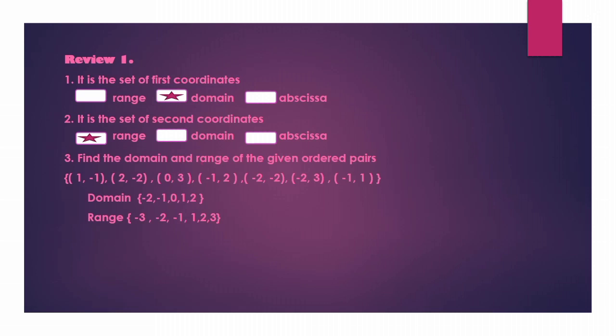So in your y values, you have repeated values, but you only write each once in your set of y values under your range. So our lesson for this is about relation and function. So what is a relation, by the way? A relation is a set of ordered pairs.